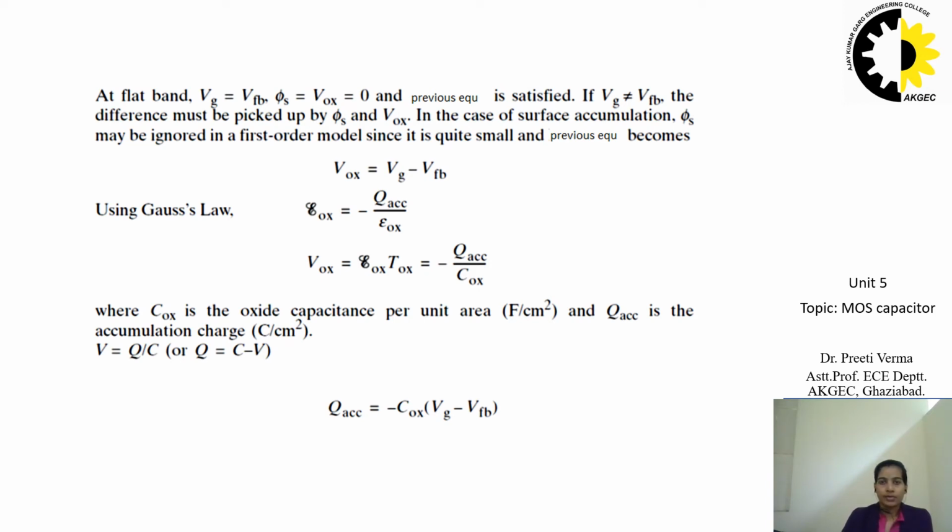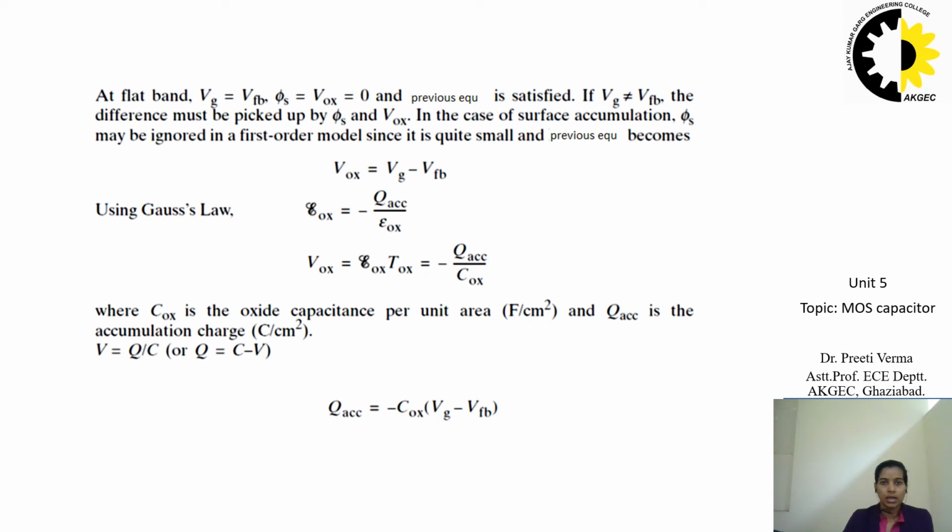In the case of surface accumulation, phi s may be ignored in the first order model since it is quite small, and the previous equation we can write as Vox is equal to Vg minus Vfb. Using Gauss's law, Eox is equal to minus Qacc by epsilon ox.